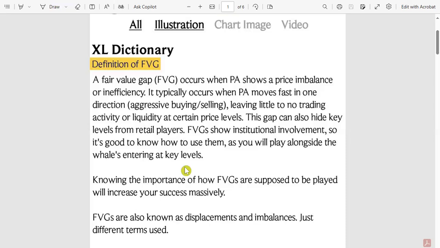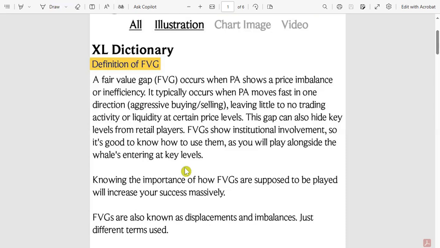There are different words, but they mean the same thing. It typically occurs when price action moves fast in one direction. So you may experience an aggressive move in one direction, either in buying or in selling.